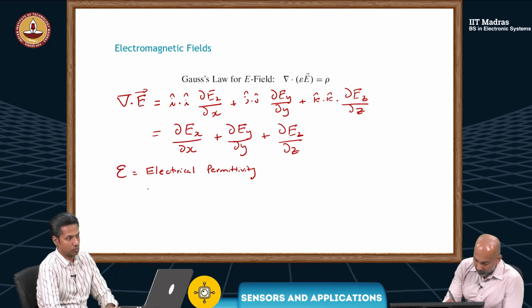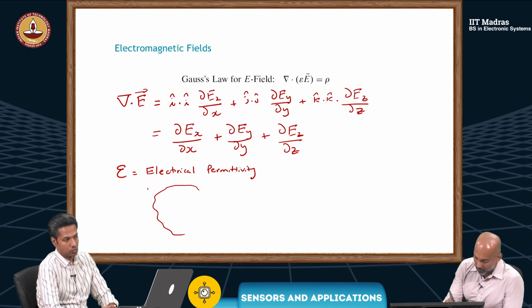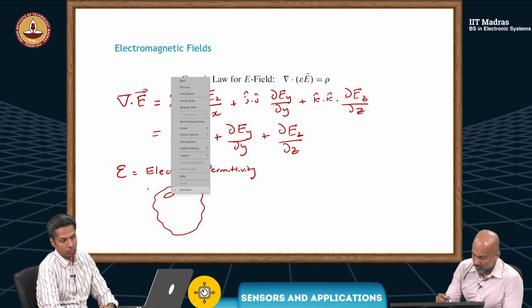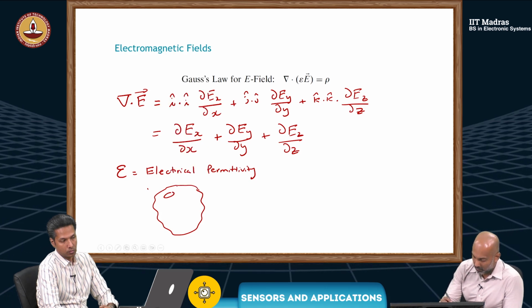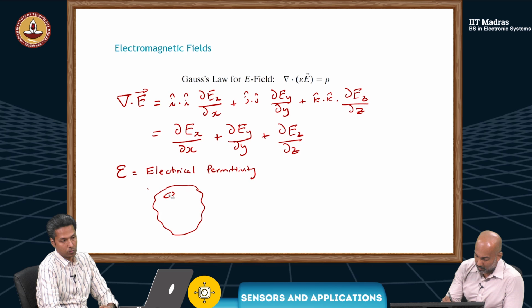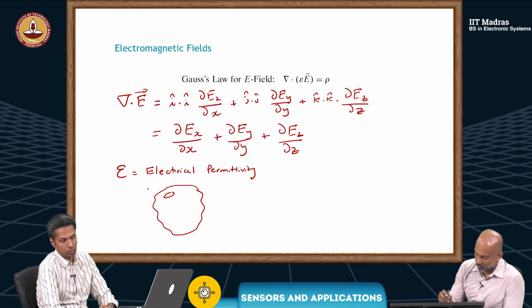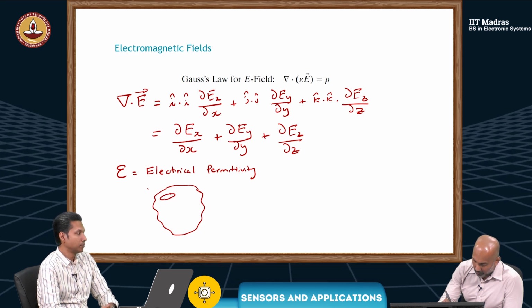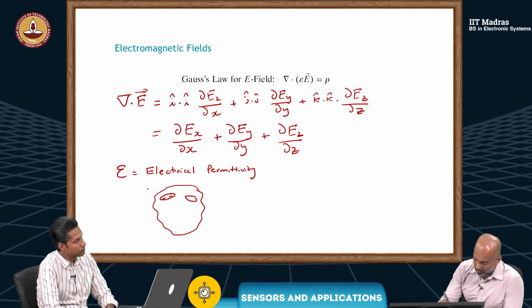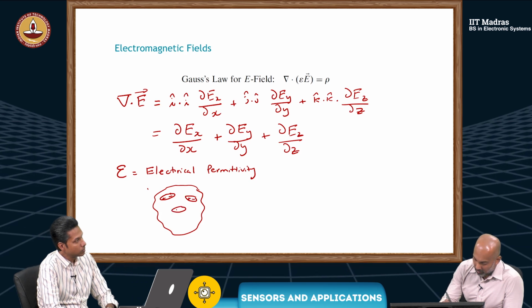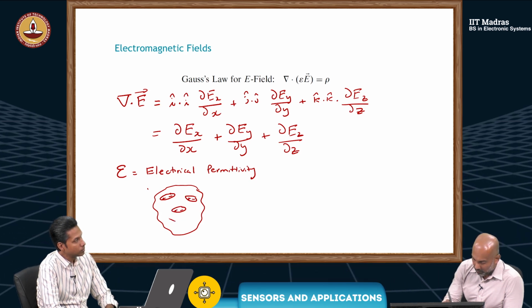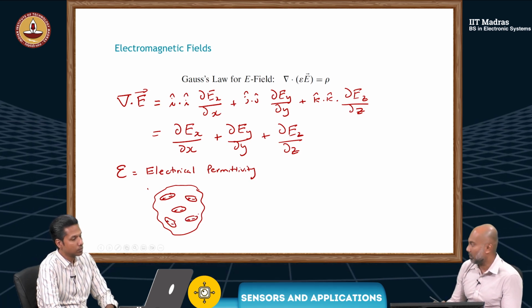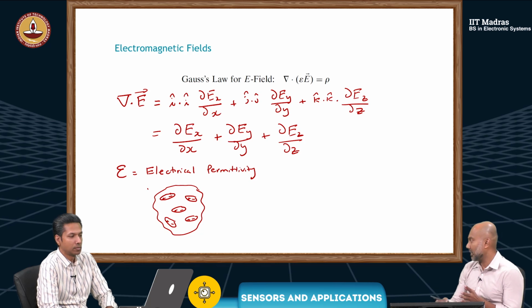But let's say you have a certain material with these atoms, with plus and minus charges, in random orientation.